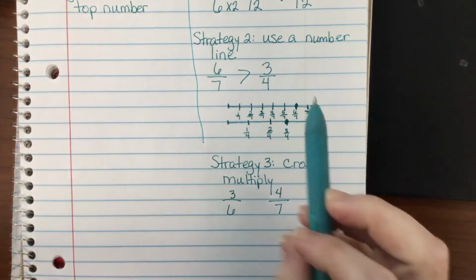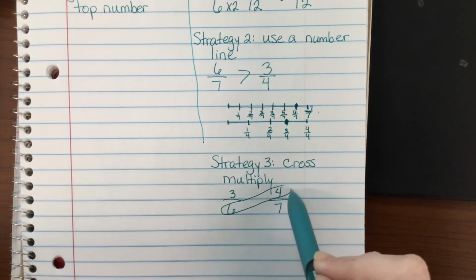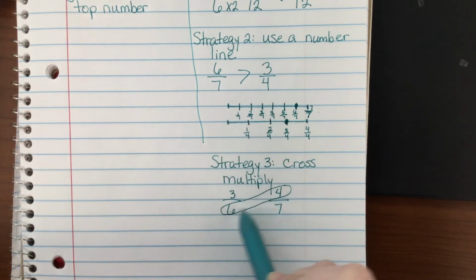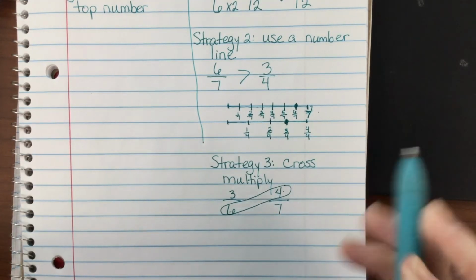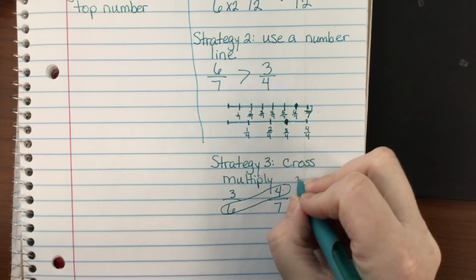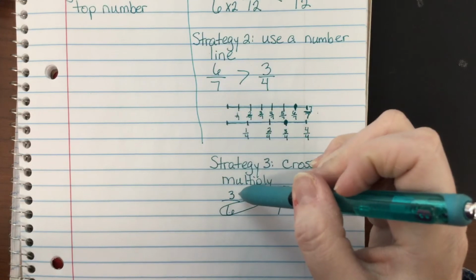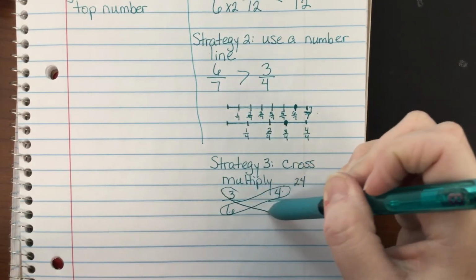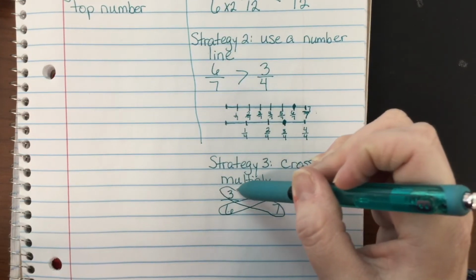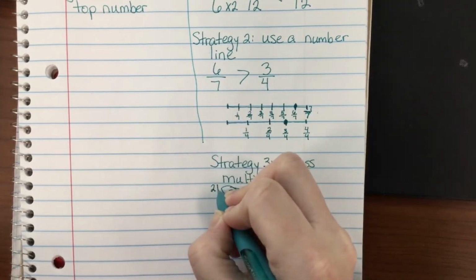Okay, so when I cross multiply, I'm multiplying 6 times 4. The numbers that are diagonal with each other is what you multiply together. So 6 times 4 is 24. I write my number up there. And then I multiply 3 times 7. And 3 times 7 is 21. I write my number there.